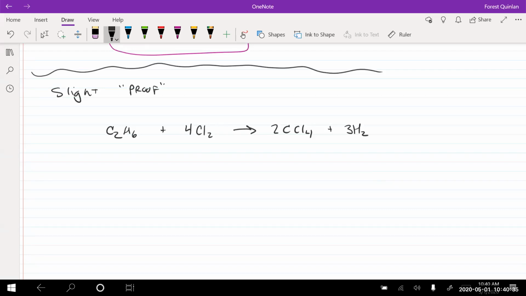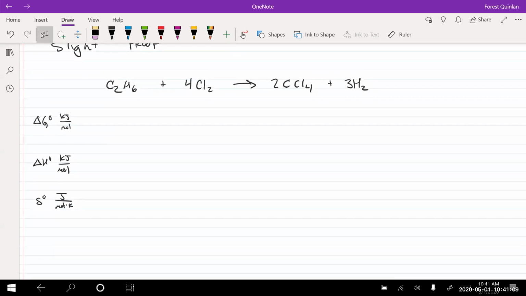Notice in each one of these ones that I've done, at least one of them is on the 1 molar basis so that we can actually get the naught values. And what I want us to look at is the delta G naughts in kilojoules per mole, the delta H naughts in kilojoules per mole, and the S naughts in joules per mole Kelvin.